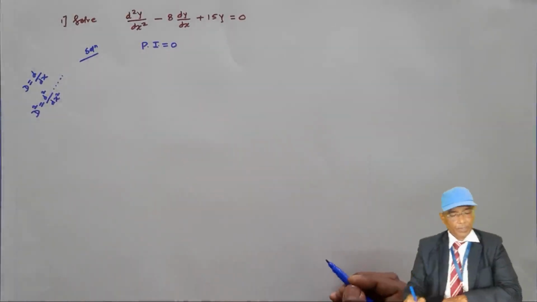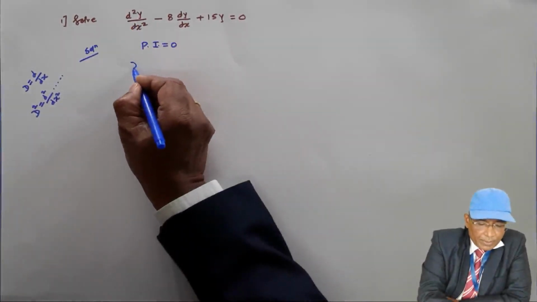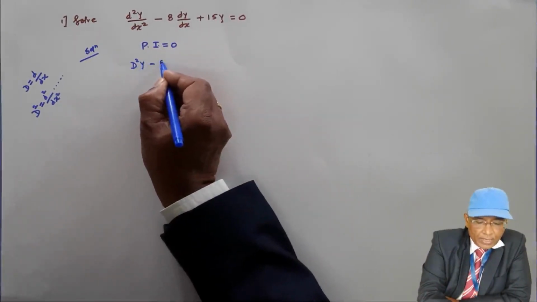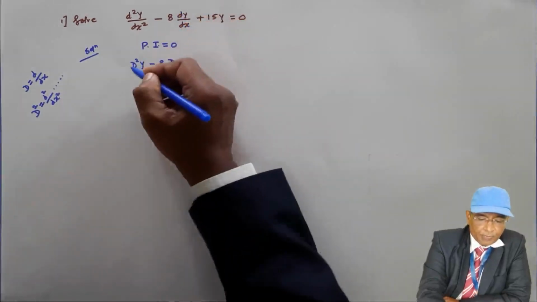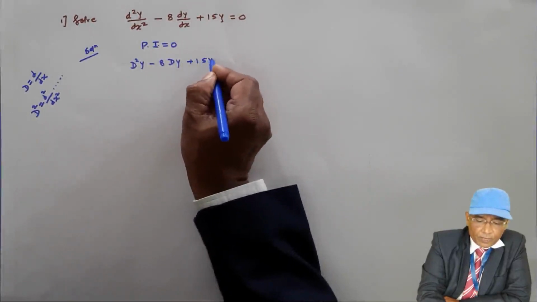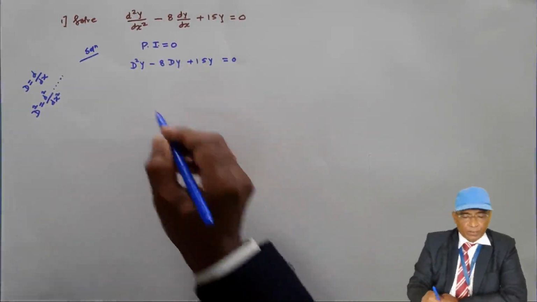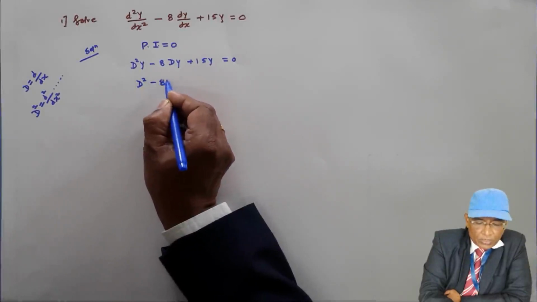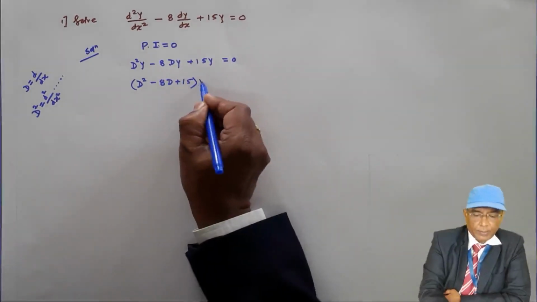Now in terms of capital D I am writing D square y minus 8 D y plus 15y is equal to 0. Now take y common, because y is common in all these three terms.